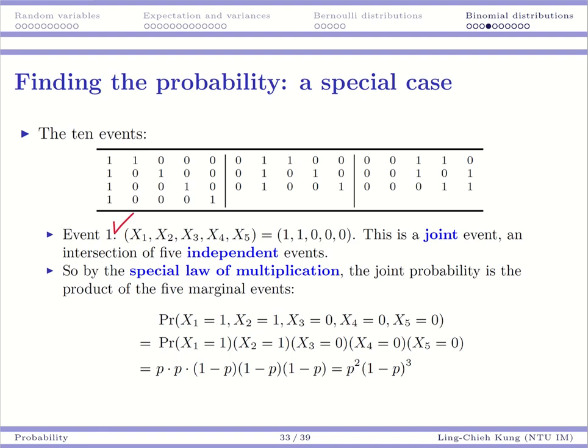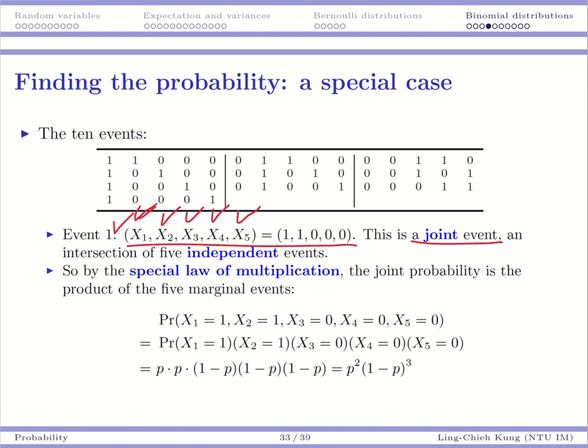Let's consider event 1. Event 1 says that I'm calculating the probability for the first trial to get 1, the second trial to get 1, and so on. Technically, we say this is a joint event, which means you need 5 things to happen in the way you like. You need them to happen at the same time, in one single sequence of trials.